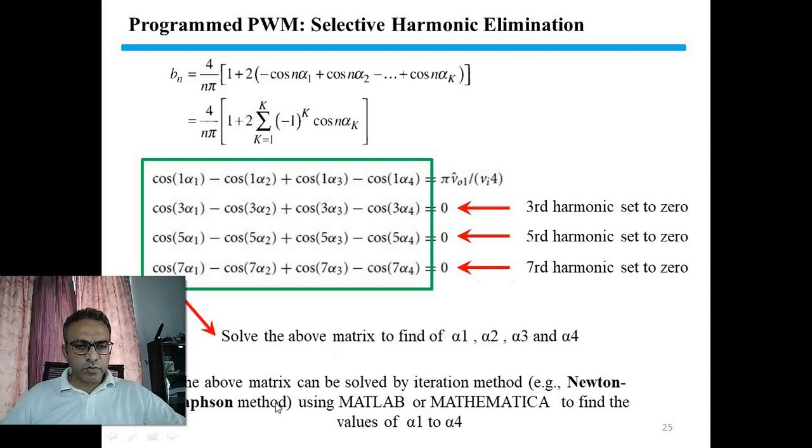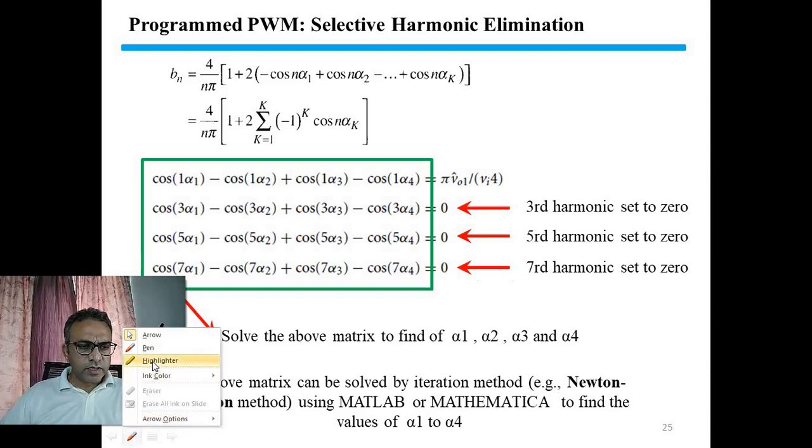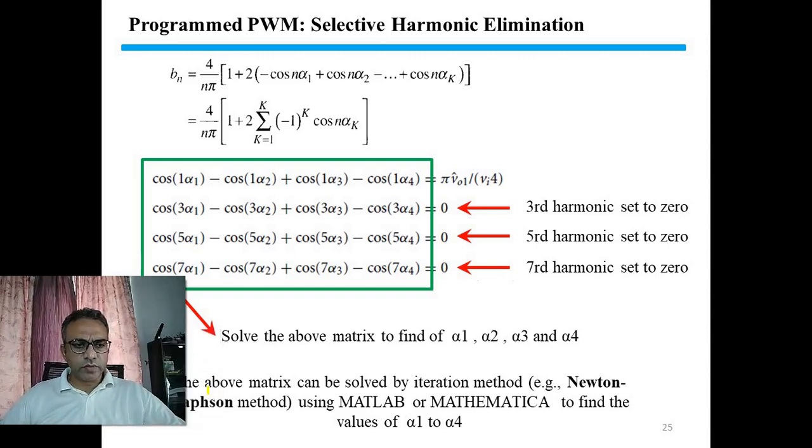Right. One more important thing to note is that when we solve this matrix for alpha 1, alpha 2, alpha 3, alpha 4, we use iterative methods, and here it is written that the above matrix can be solved by an iteration method, for example the Newton-Raphson method.